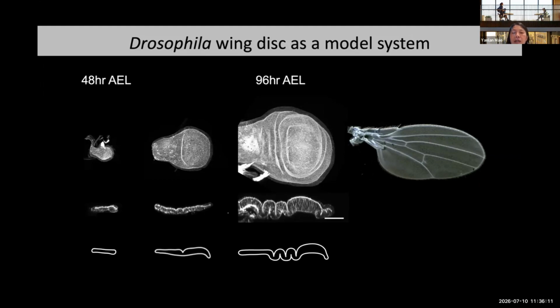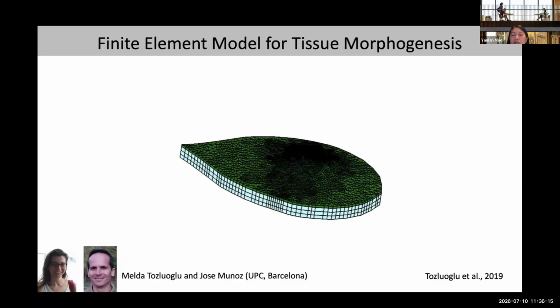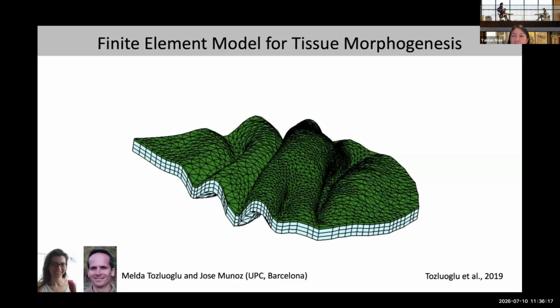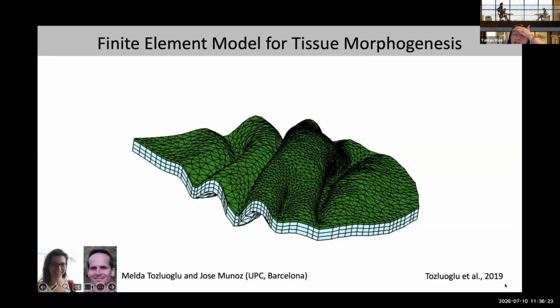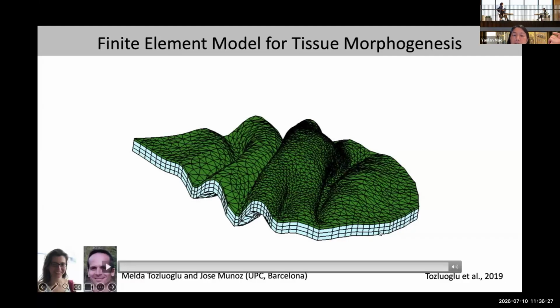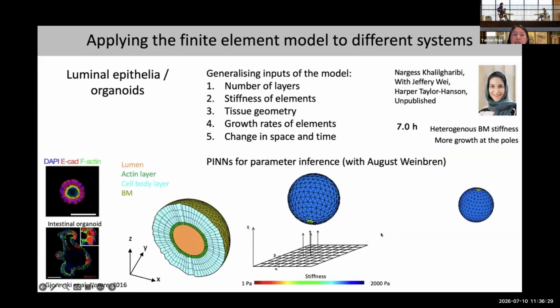So in the past, we've developed different types of computational models. For example, this one, which is a finite element model to look at wing disc folding. This was published quite a few years ago, so I don't want to go into the details of this in today's talk. But since then, we've also been expanding the model to model different tissues.